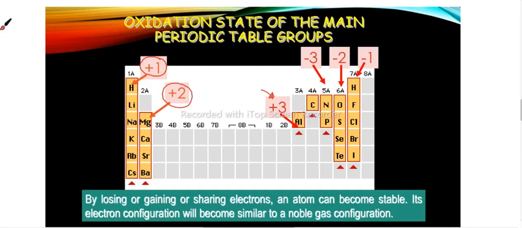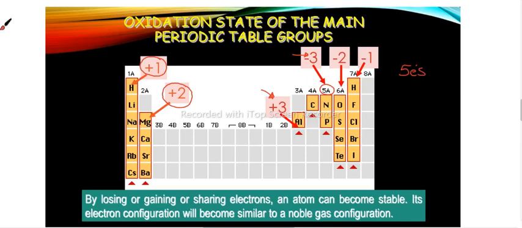Continuing with group number 5, I've got negative 3. Here I need to remember that in group number 5, any element presented inside has 5 electrons as valence. So when talking about 5 electrons presented, the question is how many electrons are needed to become stable?